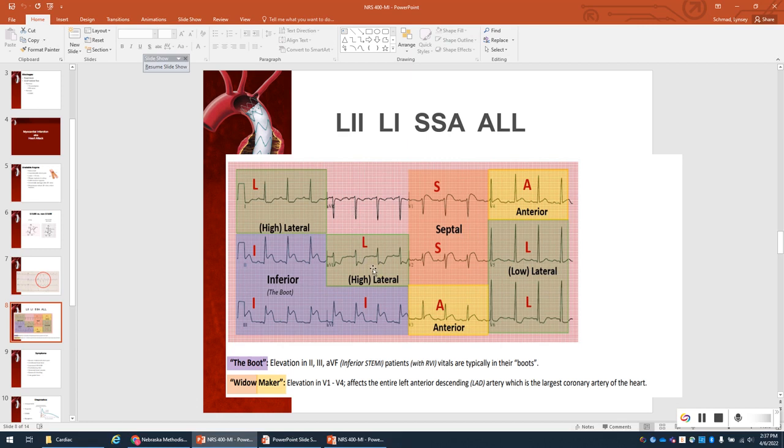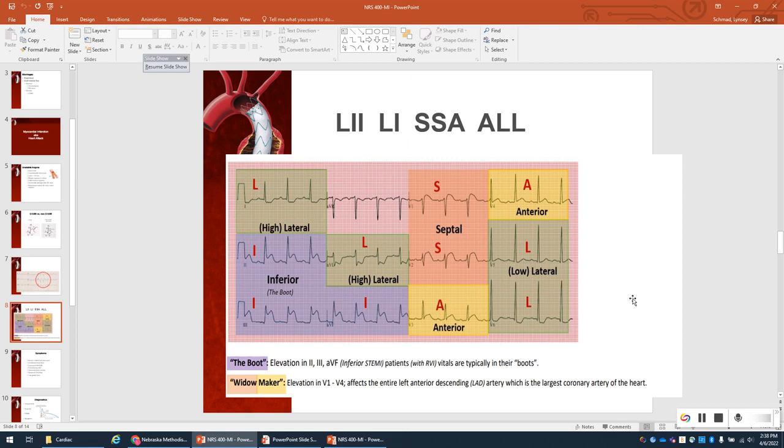I can't read that one. And then AVF, a little lie. And then SSA, or ASS backwards. And then ALL. So the acronym goes big lie, little lie, ASS backwards, all the time.